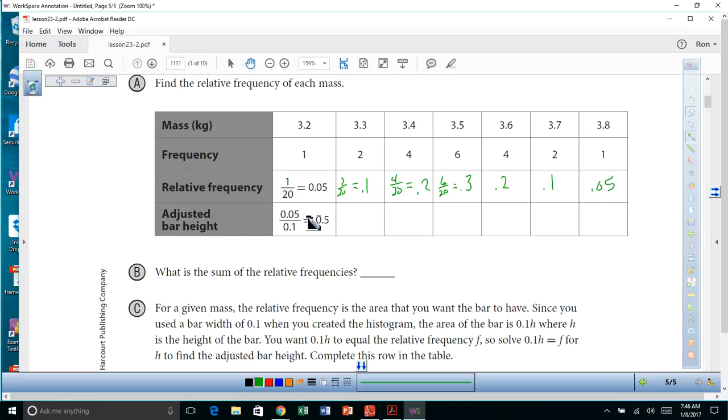Adjusted bar height. Now you have to do this for the 83 and the 84, but you don't have to really do it for the inspire. So that would give you 1, 2, 3, 2, 1, and then 0.5. And what is the sum of the relative frequencies? It's 1. If you add all of those up, it equals 1.